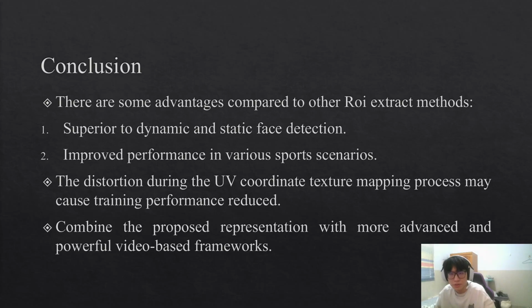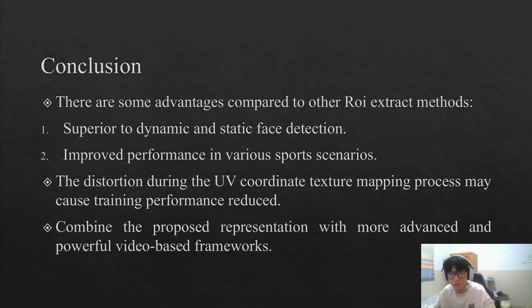The UV coordinate texture mapping technique has proven superior to both dynamic and static cropping methods. These improvements stem from the ability to better handle visual movement and variation while maintaining signal quality.